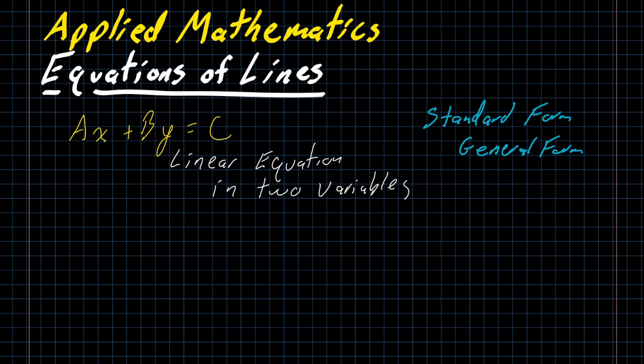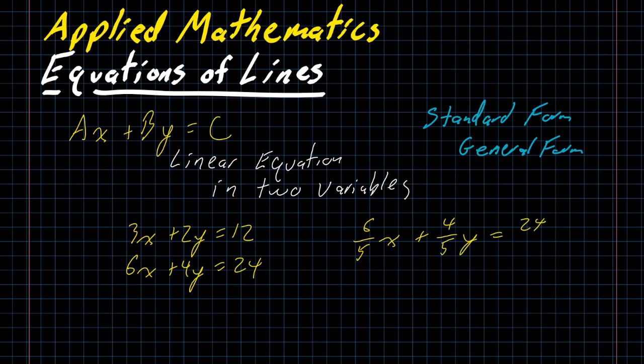For example, if I had something like 3x plus 2y equals 12, and I multiplied both sides of this equation by 2, I would have 6x plus 4y equals 24. And if I divided that equation on both sides by 5, I would have 6/5 x plus 4/5 y equals 24 over 5.